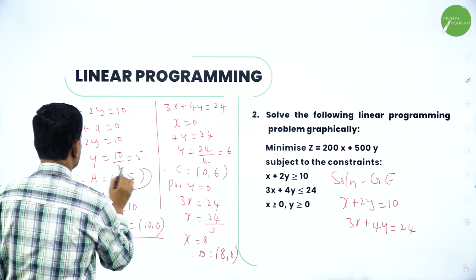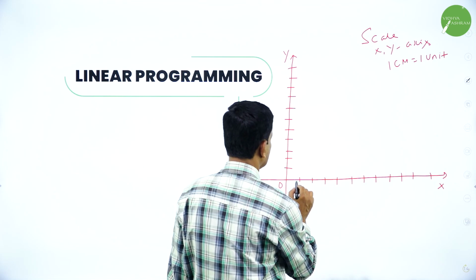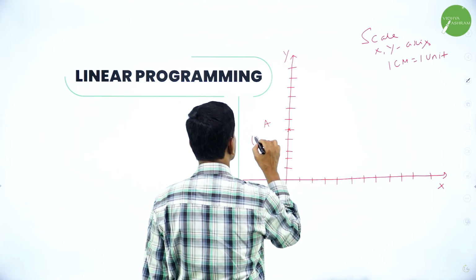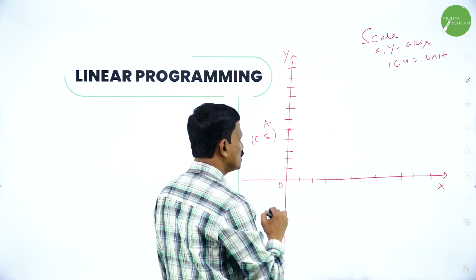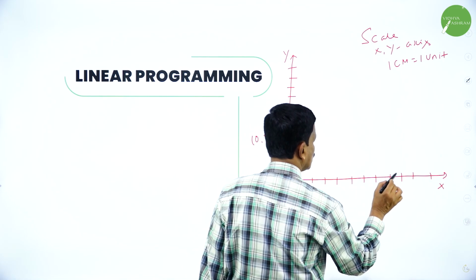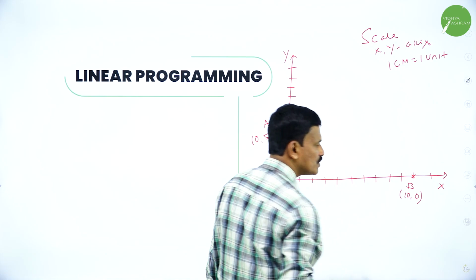What is A? A is (0, 5). What is B? (10, 0). For A, x is 0, y is 5: 1, 2, 3, 4, 5. This is A (0, 5). For B, x is 10: 1, 2, 3, up to 10. This is B (10, 0).